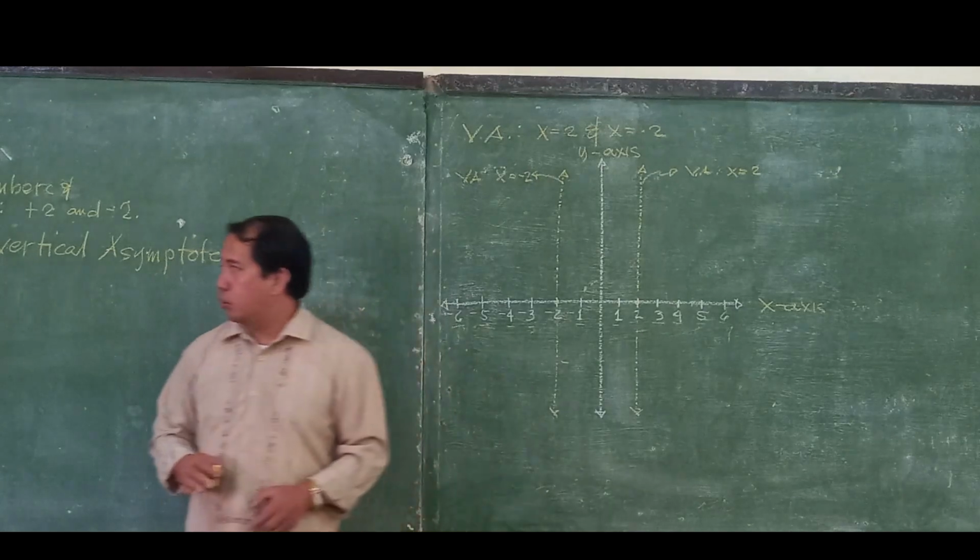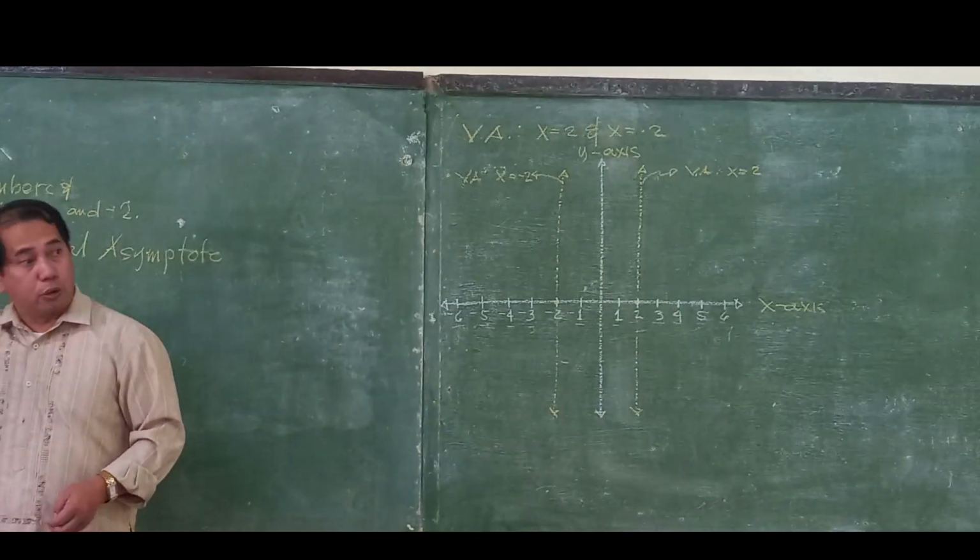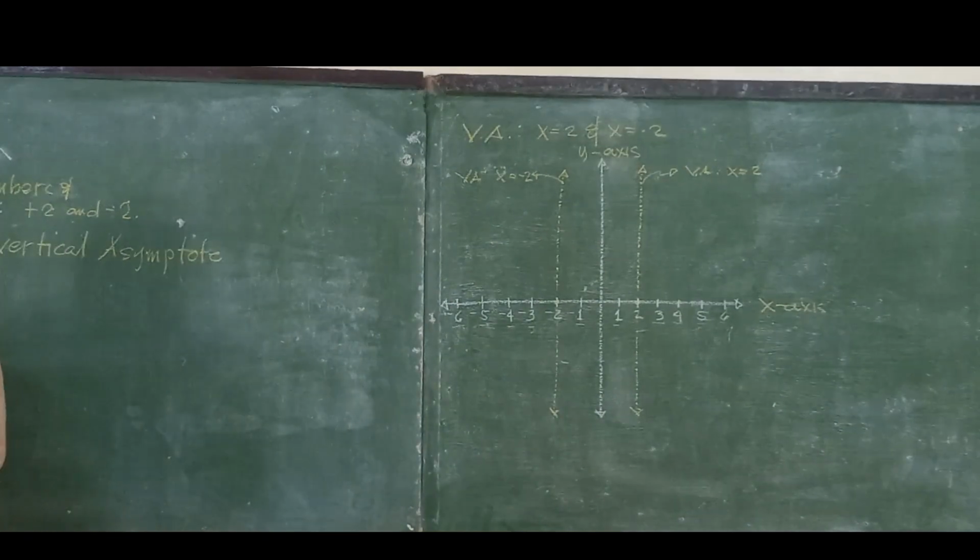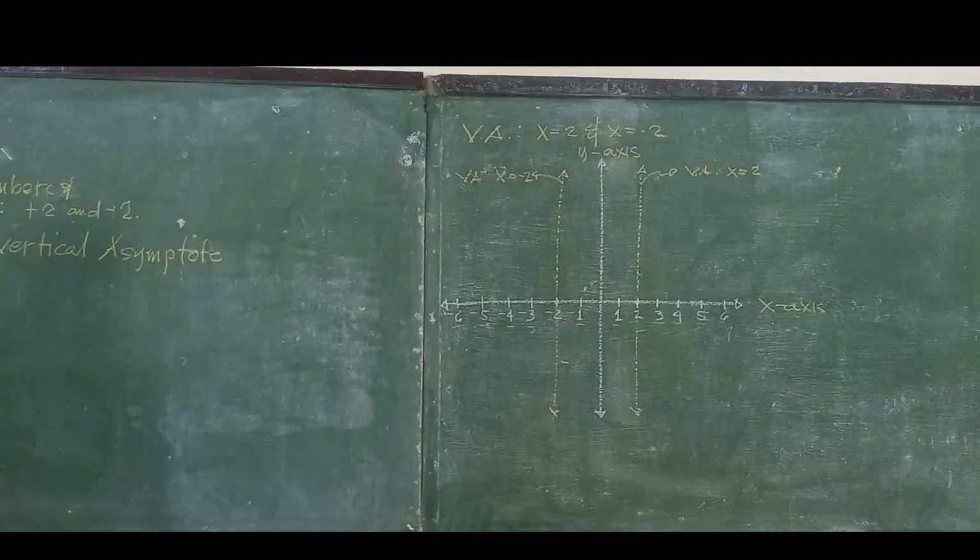And so let's try to identify. We'll put in here the values of x that we are going to use. Definitely, we will base on our drawing. So let's start with, at least, 3, 4, 5, 6, and so on and so forth.